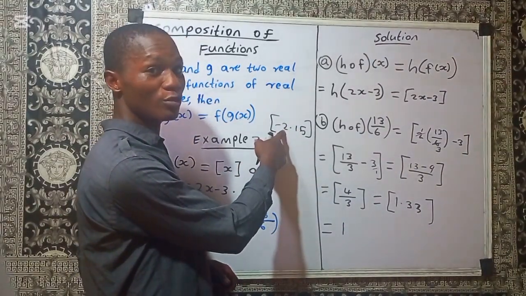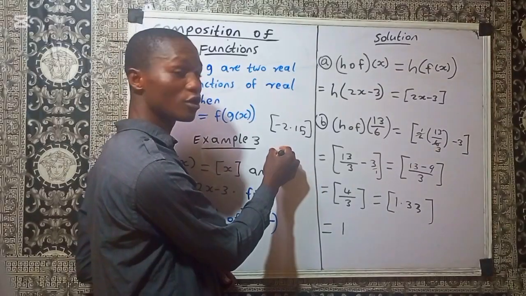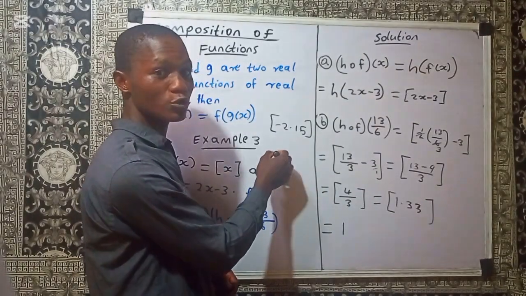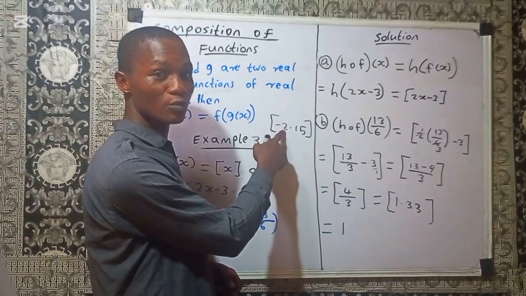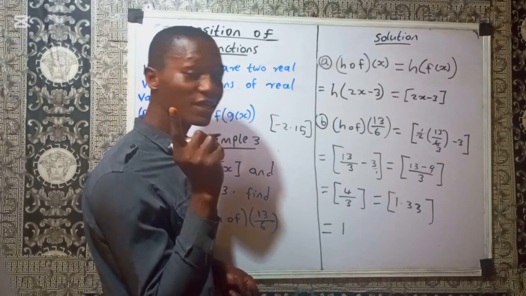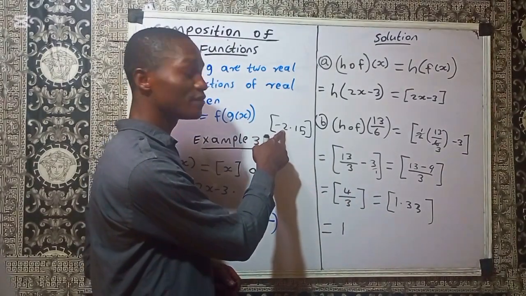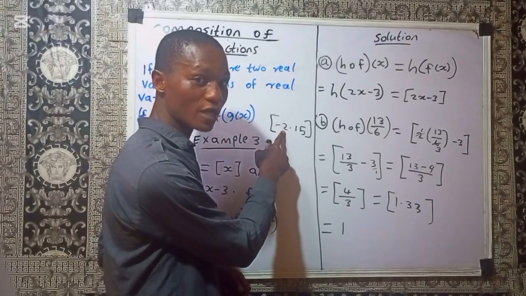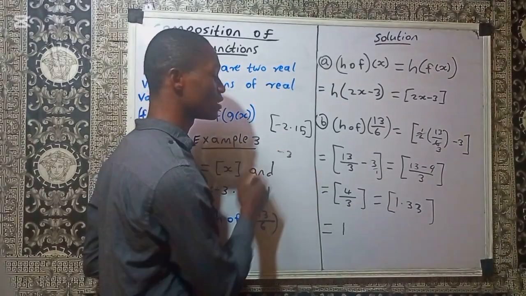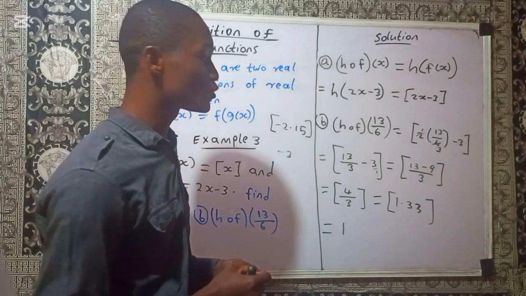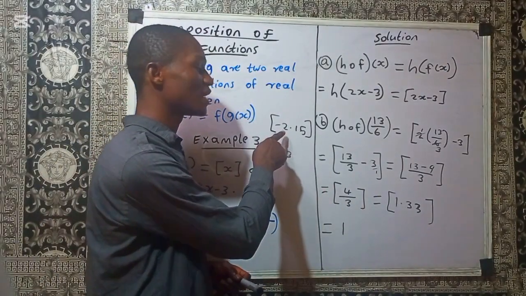Minus 2. So you are going to increase this minus 2 by 1 in its negativity. If you increase the negativity of minus 2 by 1, you are going to get minus 3.